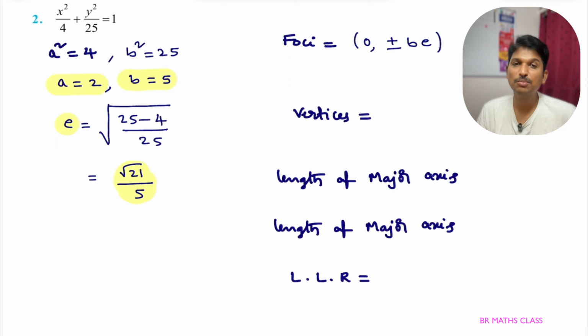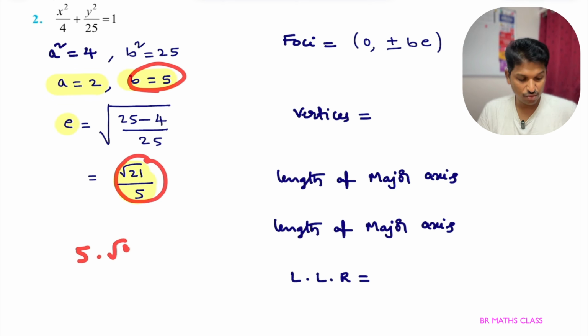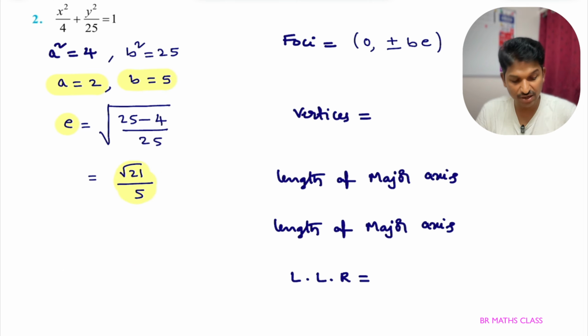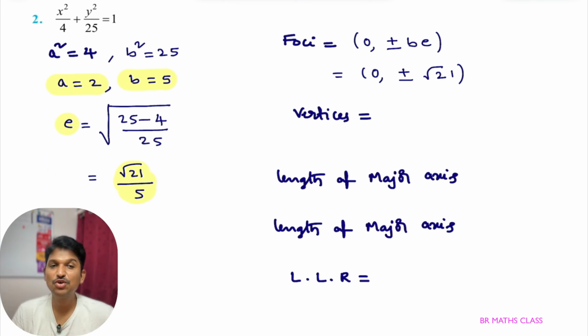What is b? b is 5. e is root 21 divided by 5, right? So be is 5 into root 21 divided by 5. 5 will get cancelled. You will get root 21. So foci is 0 comma plus or minus root 21.